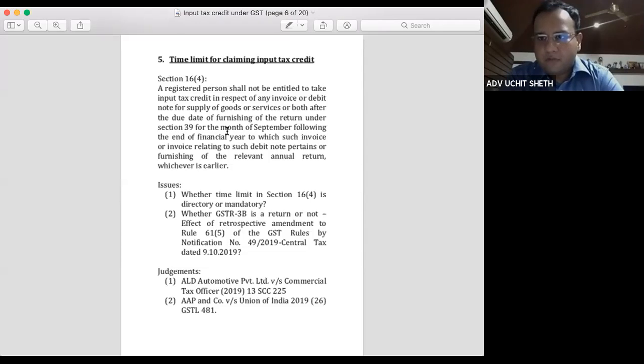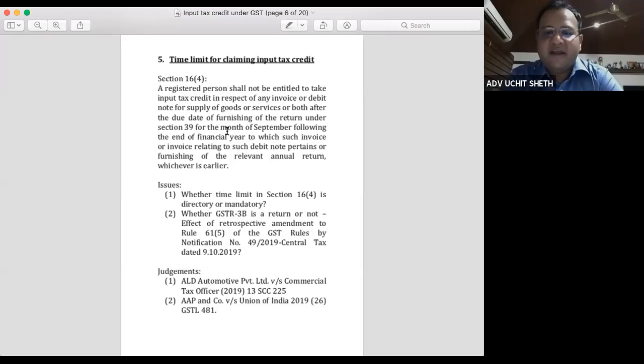So the contention can be that, look, like the Gujarat High Court, I too believed that there is no monthly return. I believed that we could claim input tax credit till the filing of annual return.